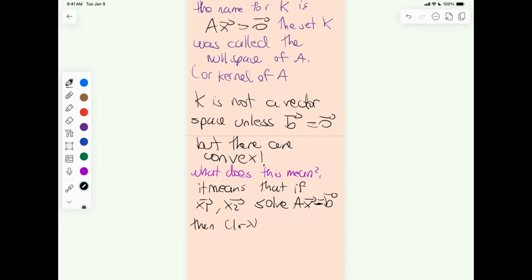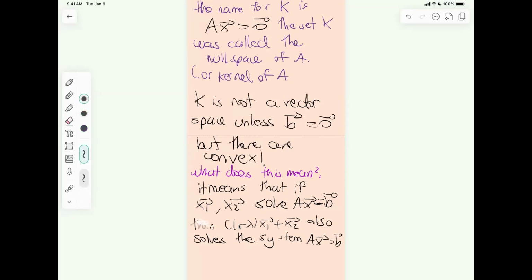It doesn't matter in which order you put the 1 minus lambda factor. So if you have two solutions and you take this combination, that combination is also a solution.